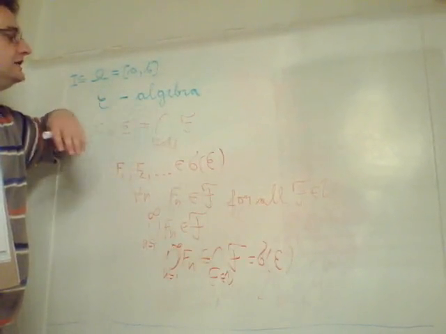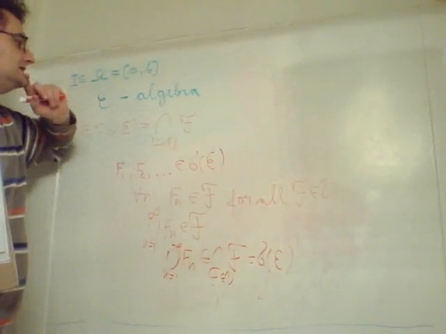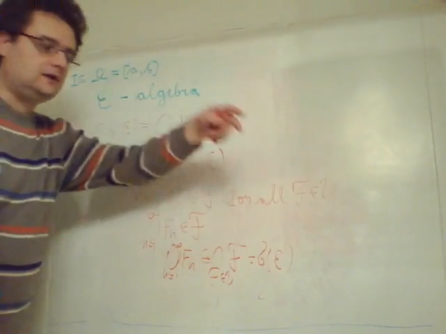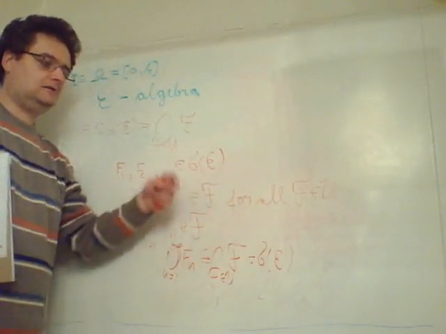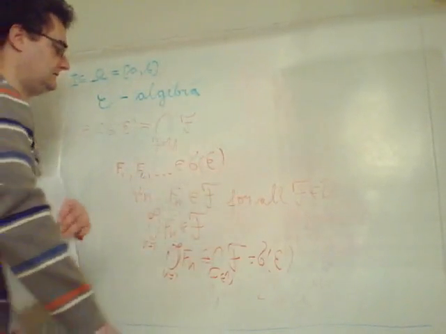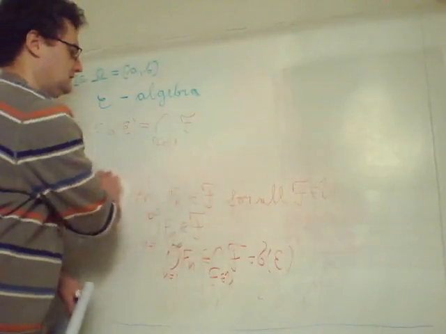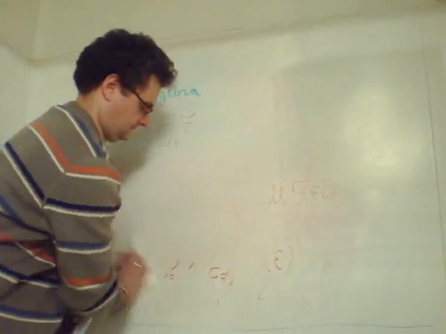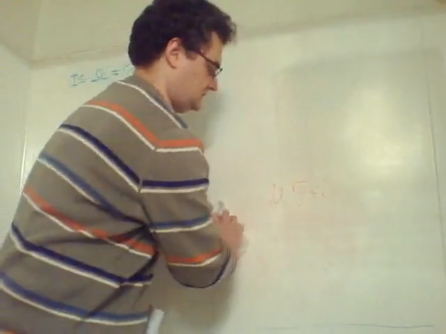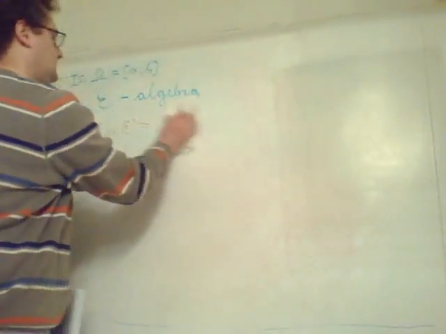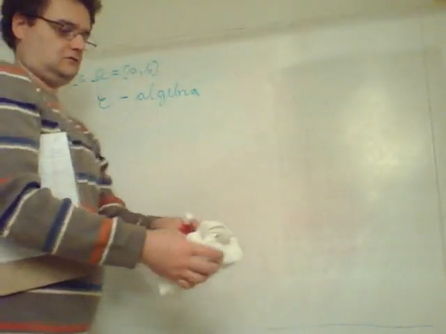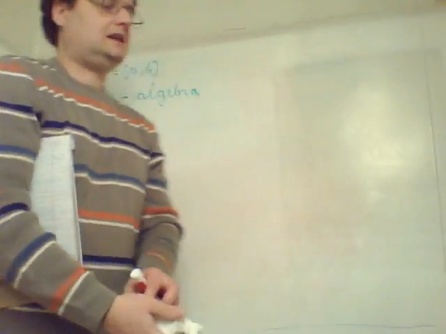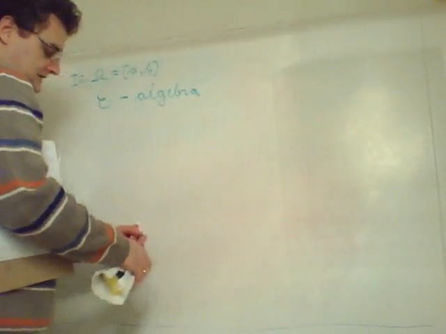If it's true for each element of that class, that property will be inherited by intersection or sometimes union. It depends on what notions you are dealing with. Okay, so sigma of E, the intersection of all sigma fields containing E, is a sigma field.